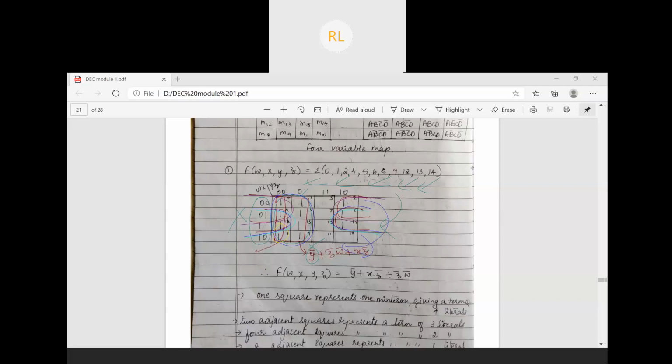Is that clear, students? Any doubt? Please ask me. Can you explain again, sir? It's too many annotations on the page. Okay.